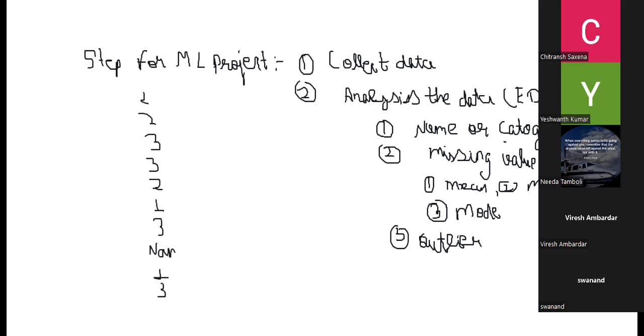Okay, and what is the mode of this? Mode means finding the most frequent value inside the data. So the most frequent value is 3, it appears 4 times. Okay, so fill this value with 3. Okay, so this is for categorical data.